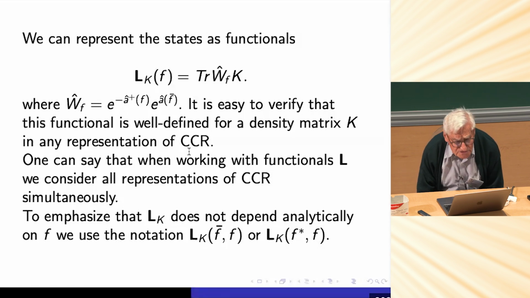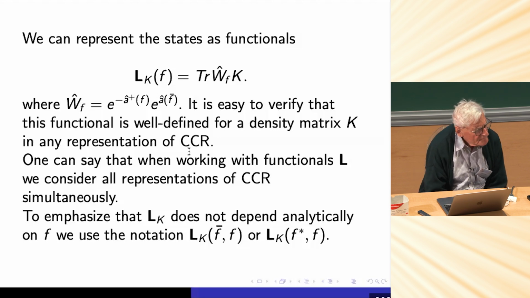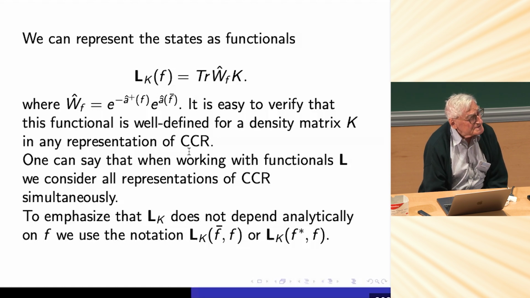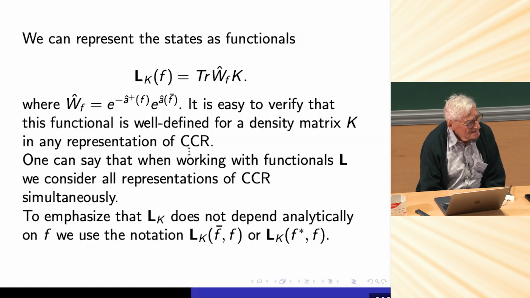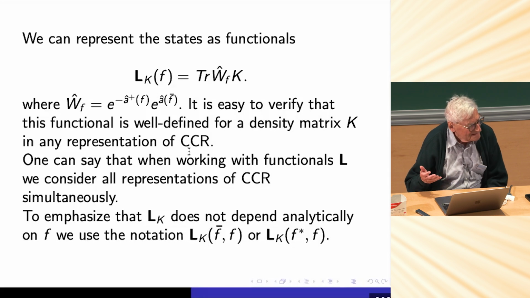This is an exponent of creation operators, multiplied by an exponent of annihilation operators. What is the meaning of the plus? You can read it as star. Yes, this is creation. I write this plus with dagger, if you would like.